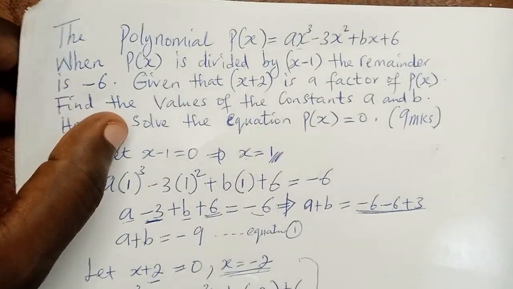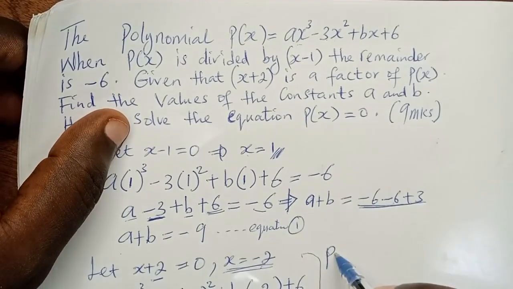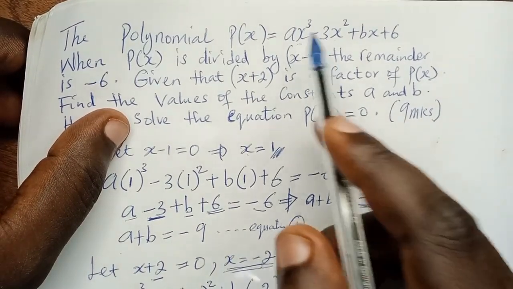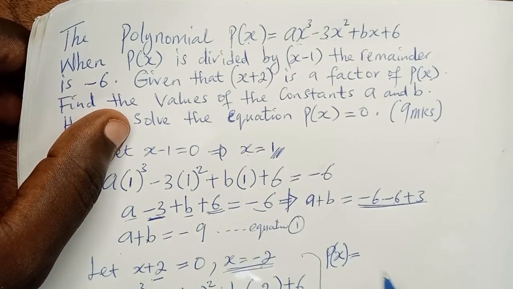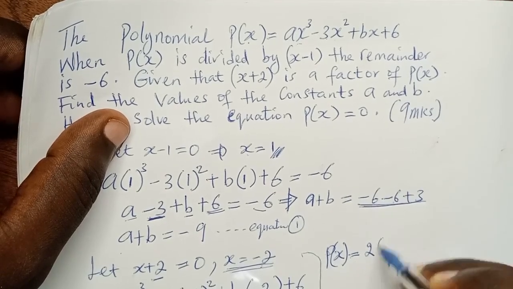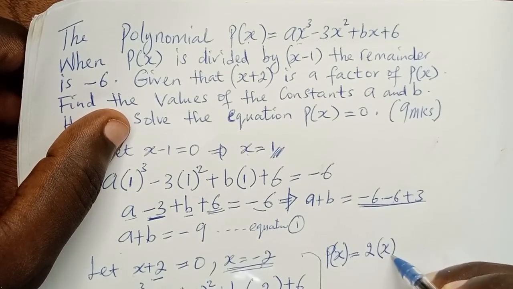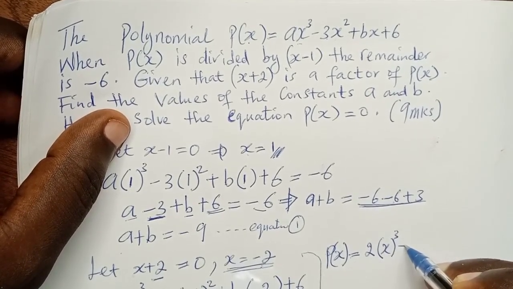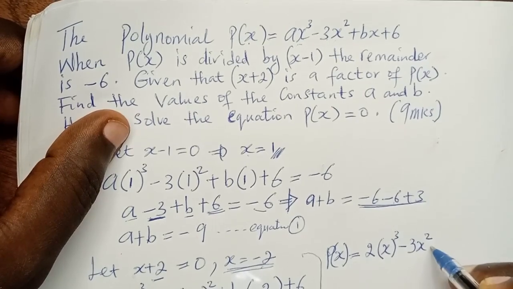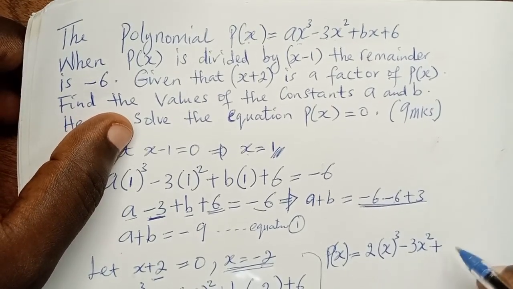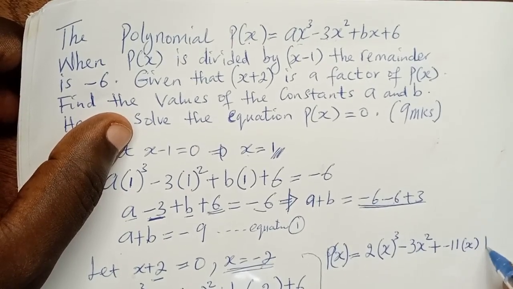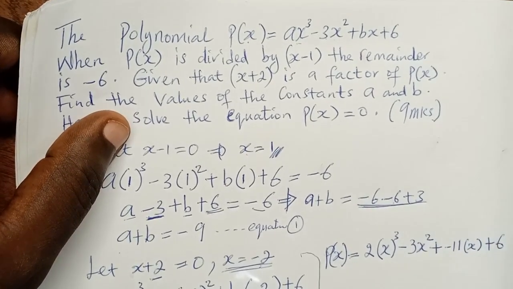P of x is equal to, a is now 2, so 2 into x cubed minus 3x squared plus, we know b is minus 11, into x plus 6. So we have this expression now.